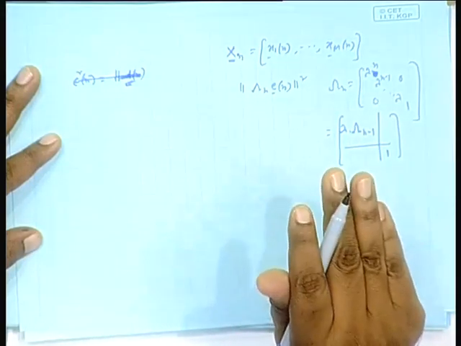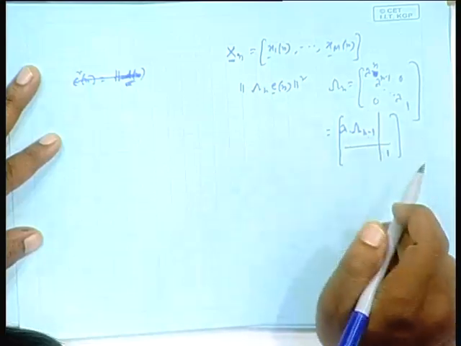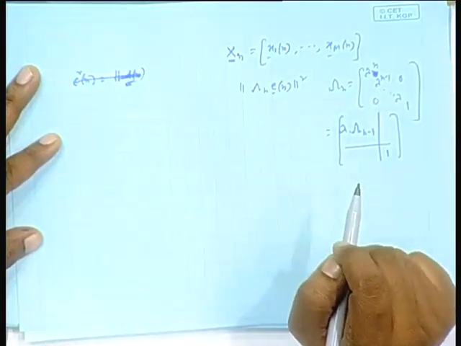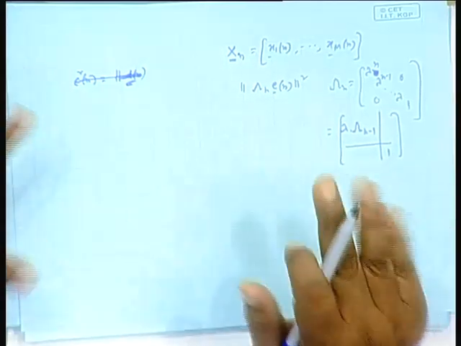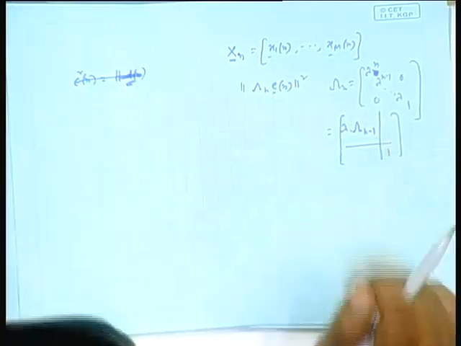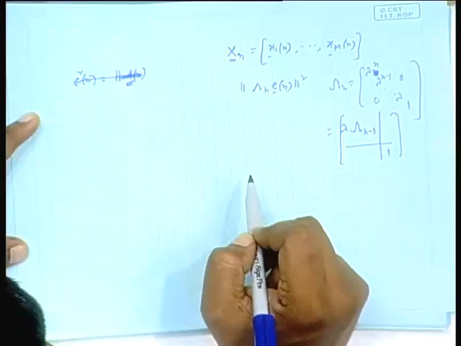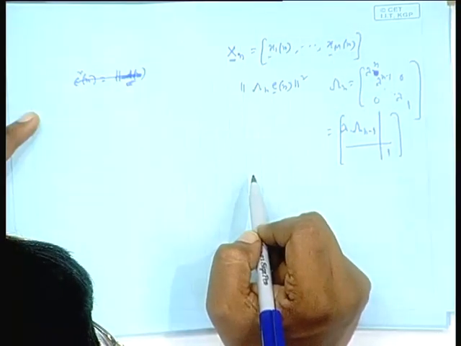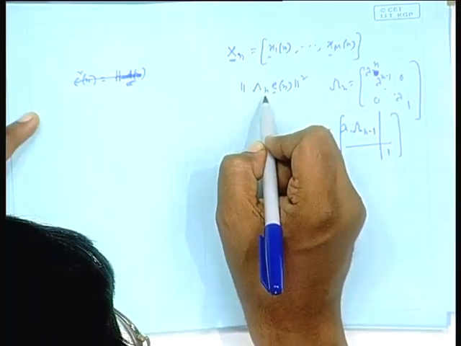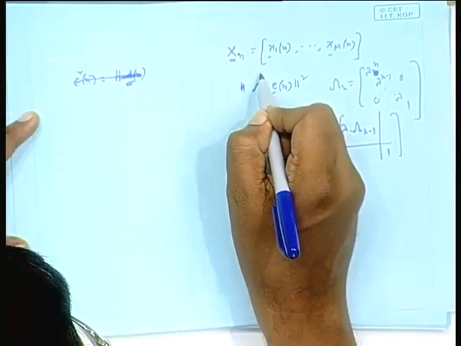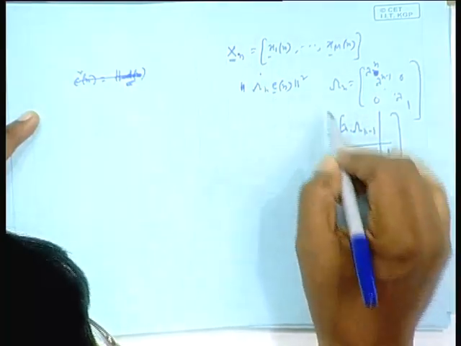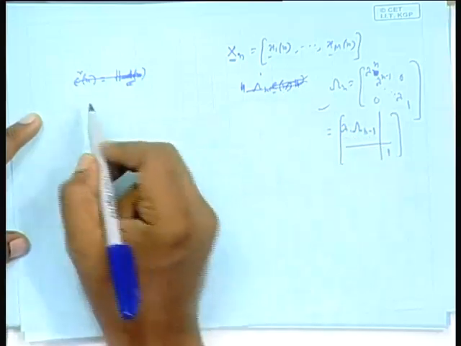I will be using this kind of division of the matrix, because I will be time updating from n minus 1th to nth, that is my goal. It was not lambda n actually, sorry, it was lambda n to the power half. This part is correct, let me correct this part.